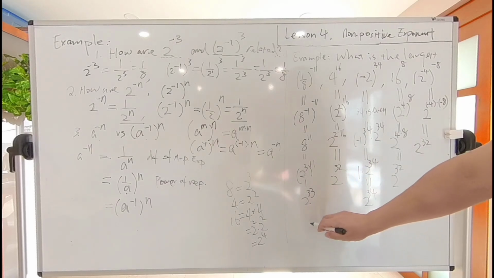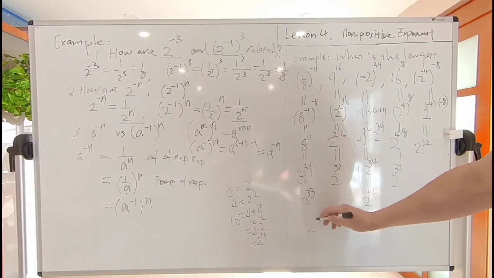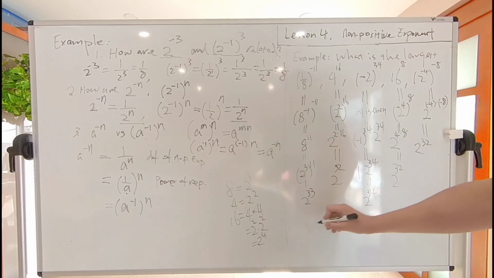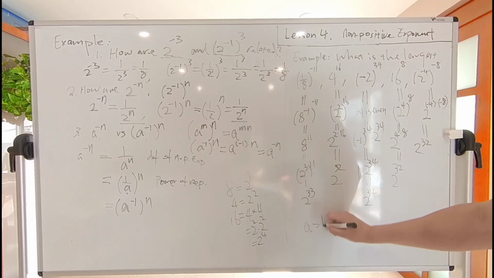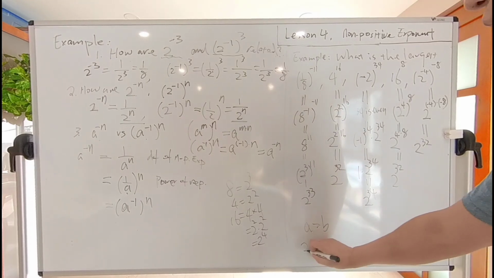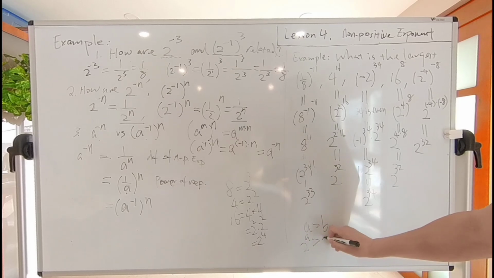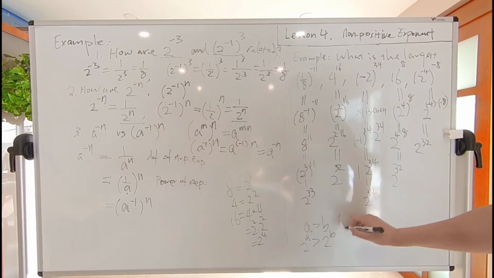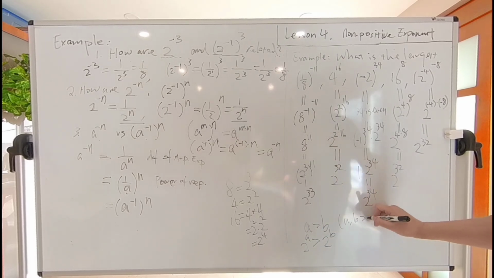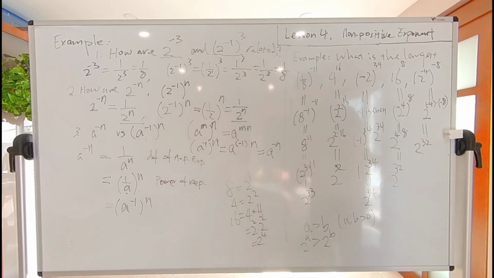So if all the numbers are base 2, then if a is greater than b, then 2 to the power of a is also greater than 2 to the power of b, if a and b are both positive powers.